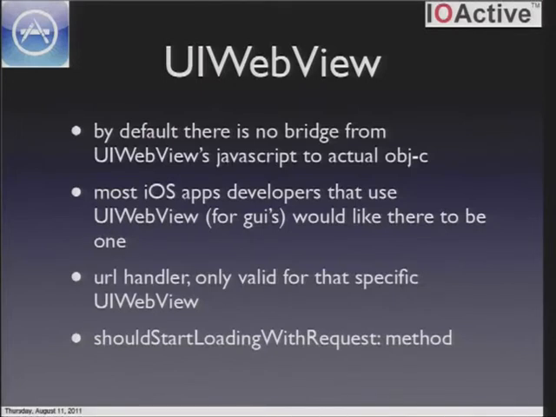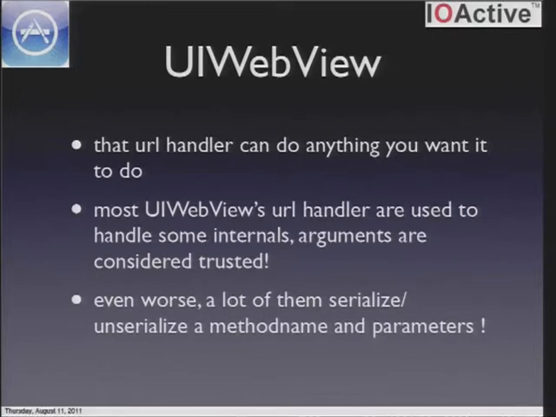The way they did that is there's a callback called shouldStartLoadWithRequest. If you implement that one, then you can do all your bridging logic in there. And that URL can do anything the developer wants it to do. Usually what happens is you marshal some arguments back and forth.